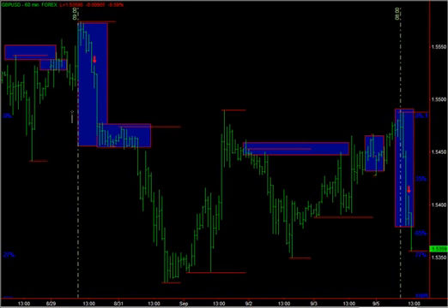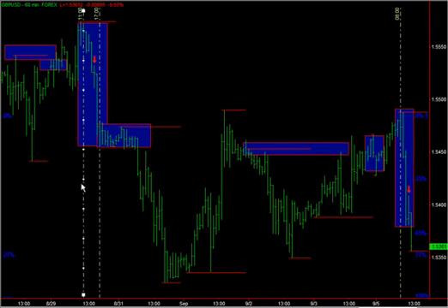So other factors to consider: we've got price starting that move at 9 o'clock. Actually the move started around 10 o'clock, and ended around 5 o'clock. So we've got 7 hours of movement. Could we expect a similar length of time for a movement?